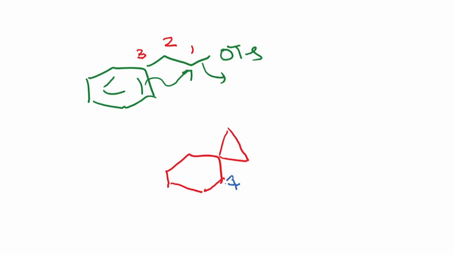And you will have a positive charge over here. So just to be clear, this is 1, this is 2, this is 3, and this is 4, 5, 6, 7, and 8. Okay, so these two double bonds remain intact, and this could be the symmetrical intermediate that we are interested in.